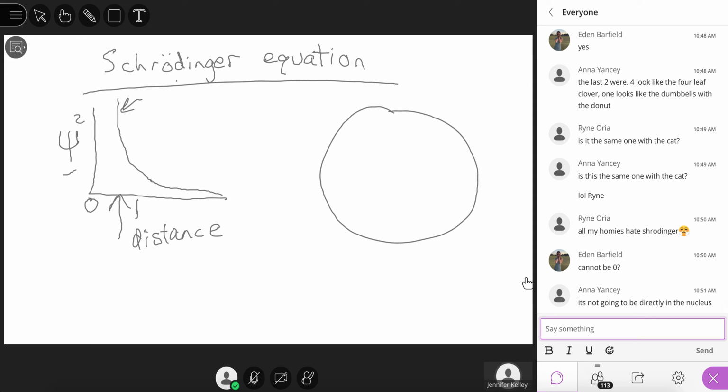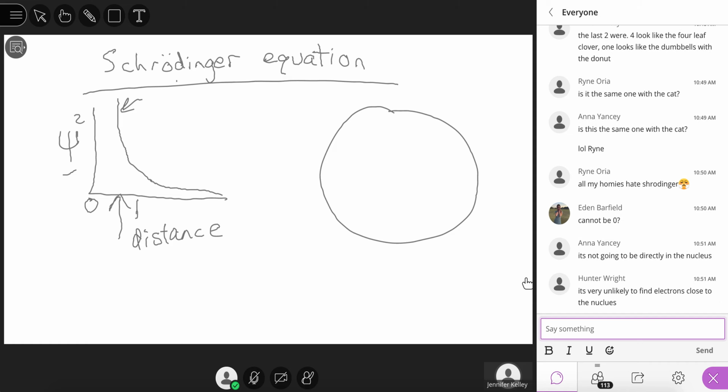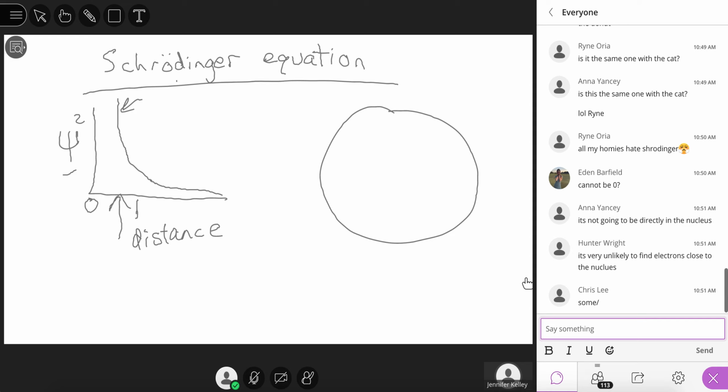But you don't get a whole lot of information from that. You get a lot more information about where it can't be than where it really is. You're not going to find them right at the nucleus, and that's because of that whole circular wave thing, and it has to be a whole number. Otherwise, it's an unstable wave.